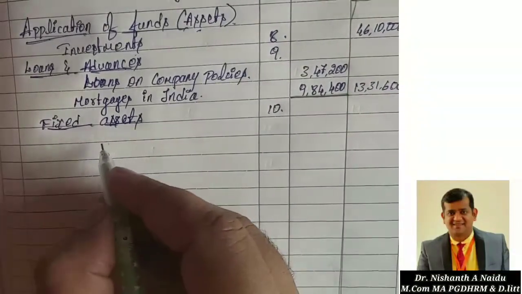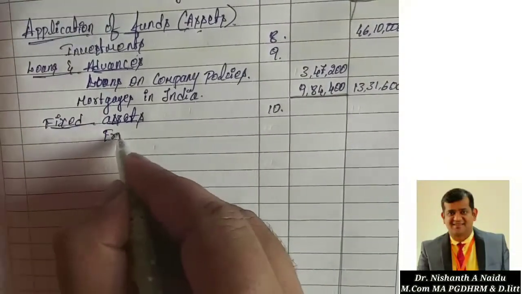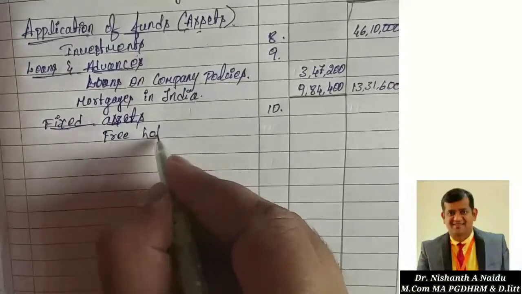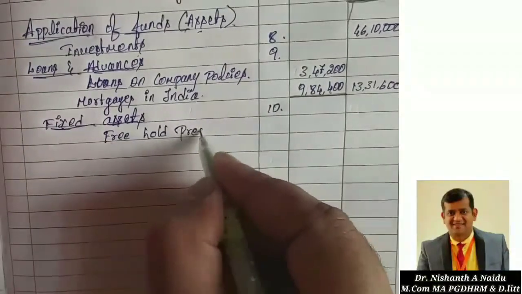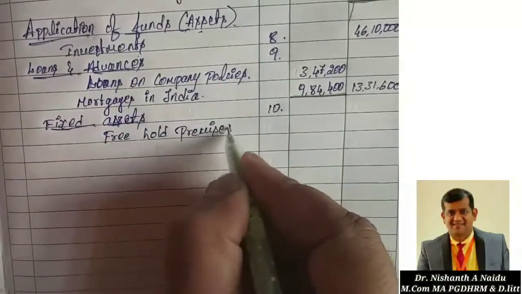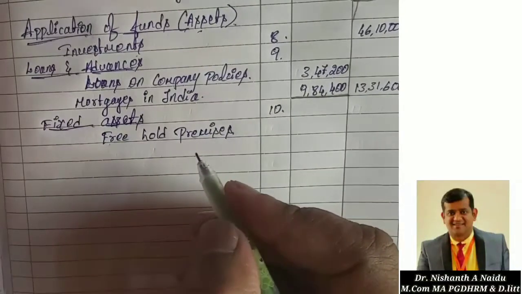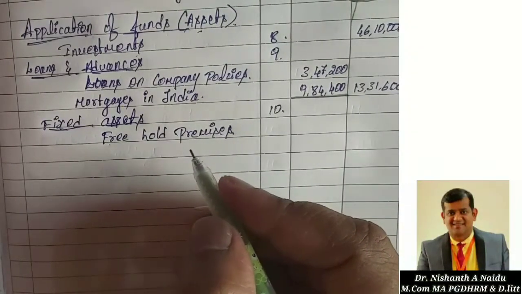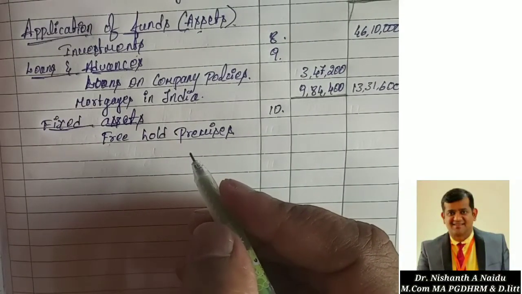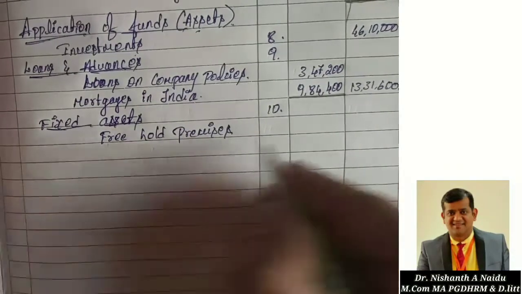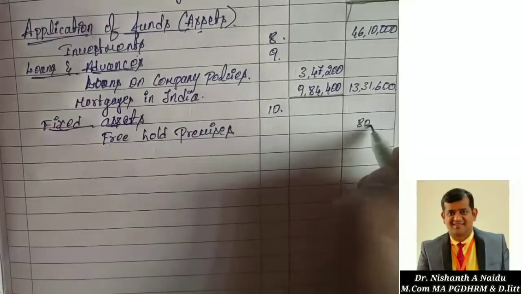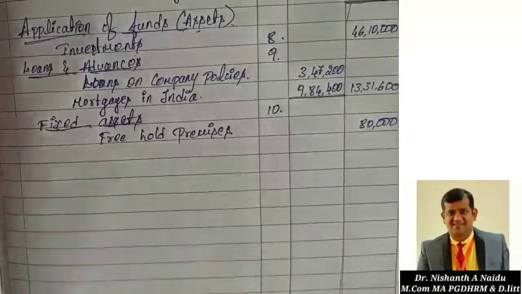So take down freehold premises. How much do we have? 80,000 rupees. Correct. Freehold premises 80,000 rupees, directly I am taking because there is no other adjustment for this item.